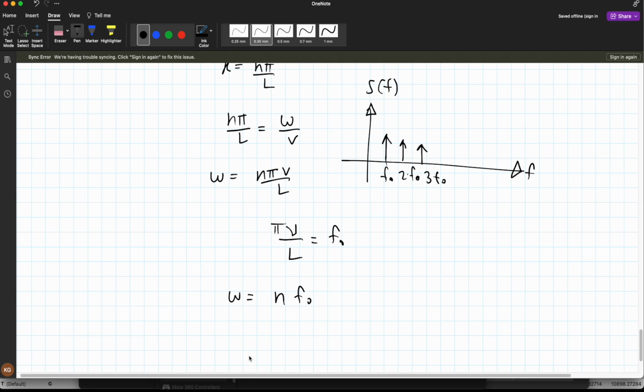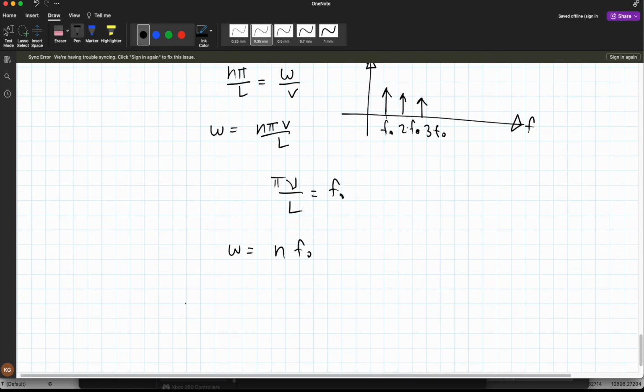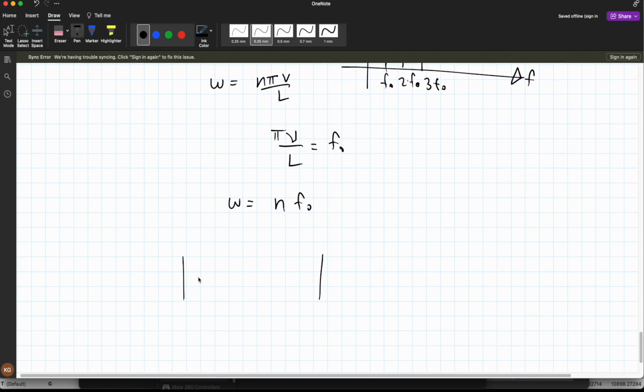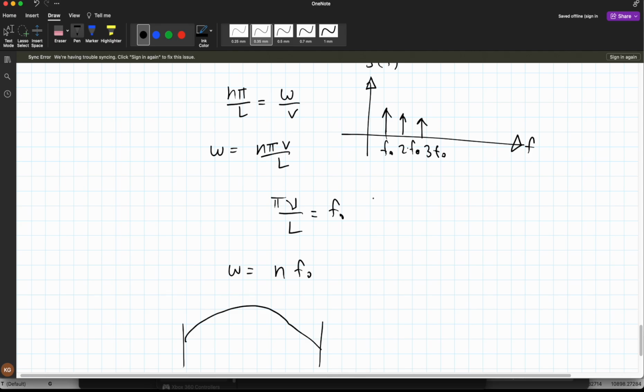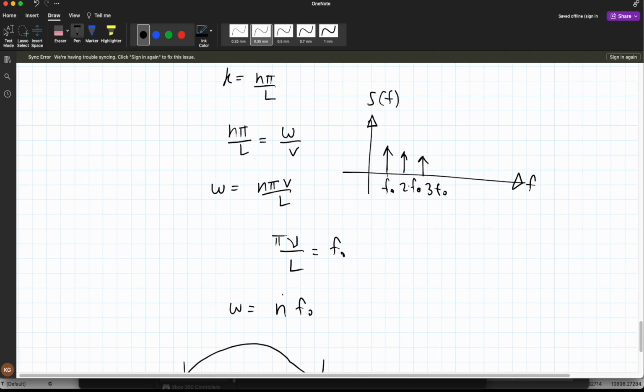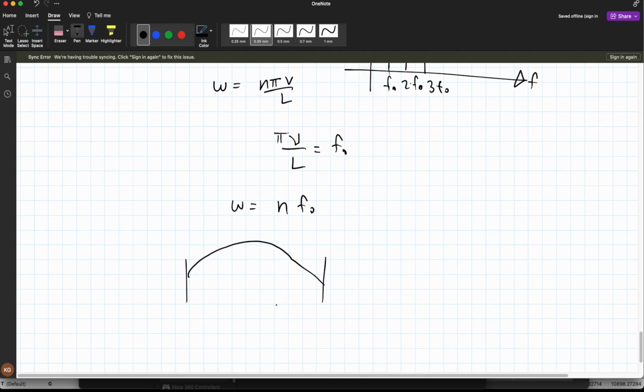So that's the lesson: if we have our string fixed and we let it go, it oscillates with frequencies that our ears and computers pick up as these integer discrete frequencies. And we can write down a physical model that captures that. And I think that's really cool.